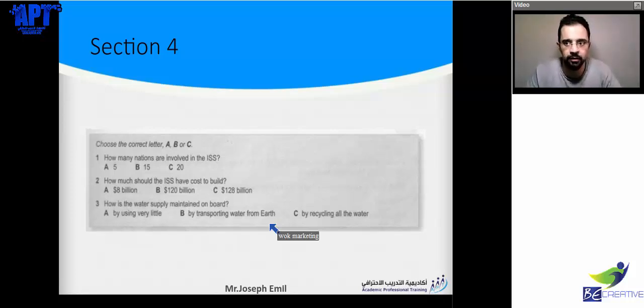How many nations are involved in the ISS? How many nations? All right. How much should the ISS have cost to build? So the keyword is nations here, and the ISS should have cost. How's the water supply maintained on board?